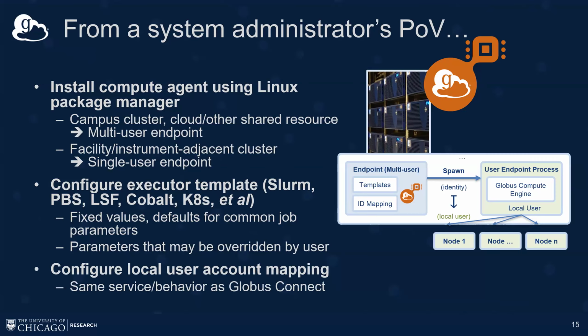And you have lots of control. You can map everyone as they are. You can say, well, I'm only going to allow this and this and this person and nobody else. That's all up to you. If you already have an installation of Globus Connect, you can use that very same mapping.